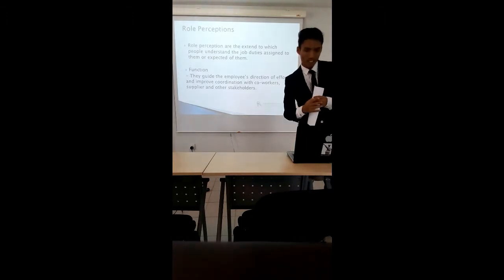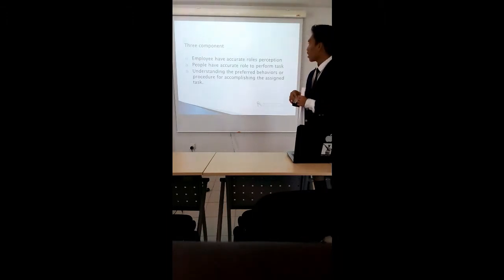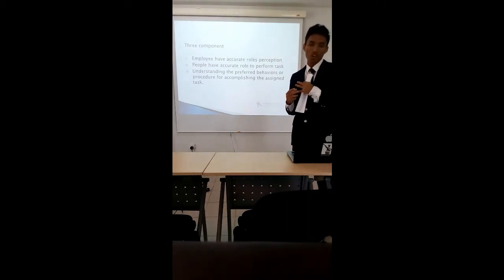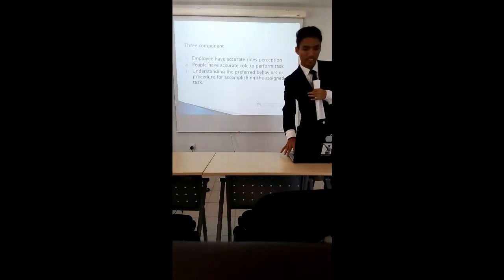And the next slide is three components of role perception. Number one is that employees have accurate role perception. Number two, people have accurate understanding of the role to perform the task. And then the third one is understanding the preferred behavior or procedure for the assigned task.